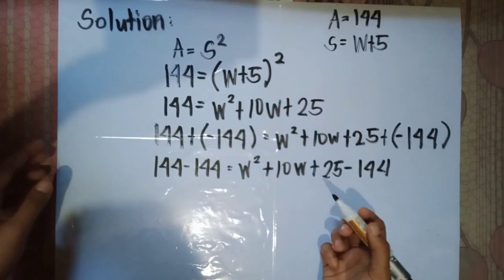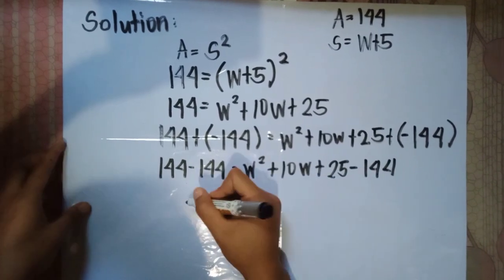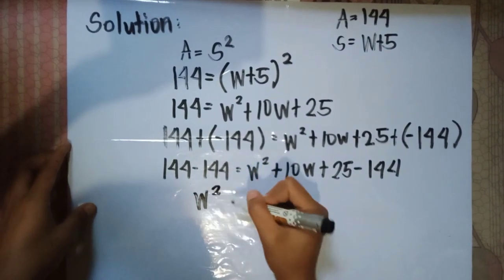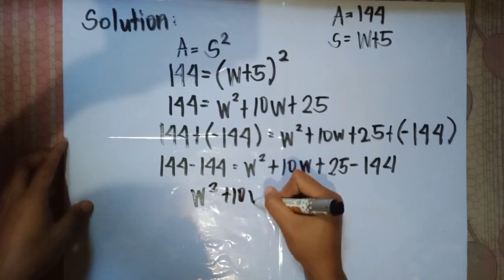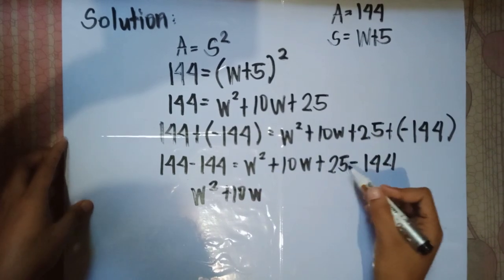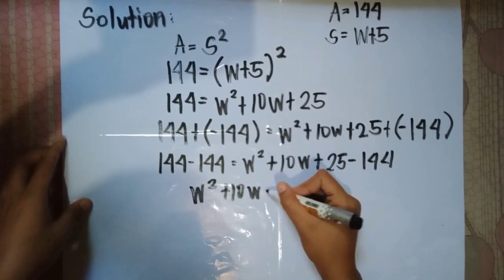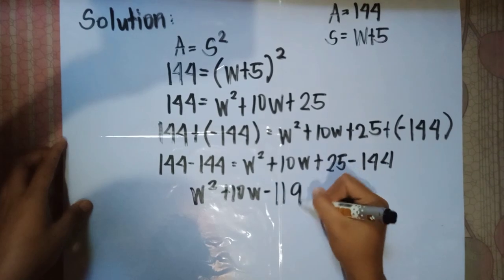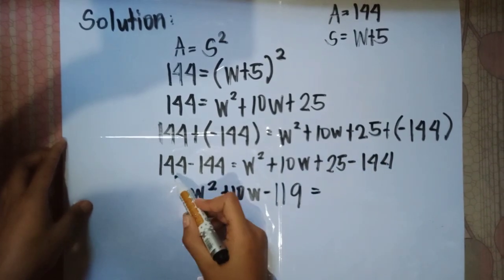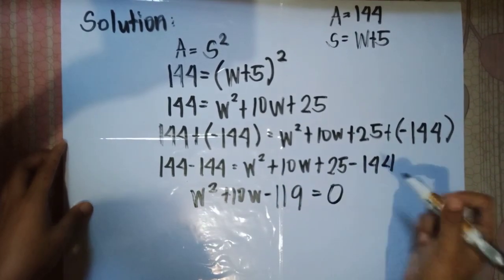Now, we are going to write it in standard form. w squared plus 10w plus 25 minus 144, where 25 minus 144 is equal to negative 119, equals 0.